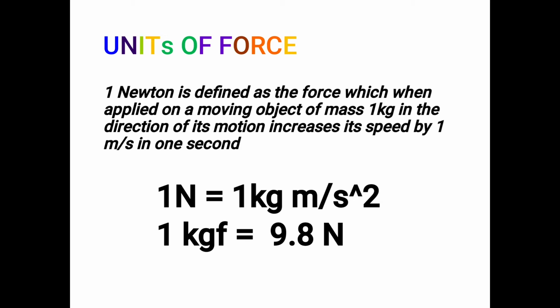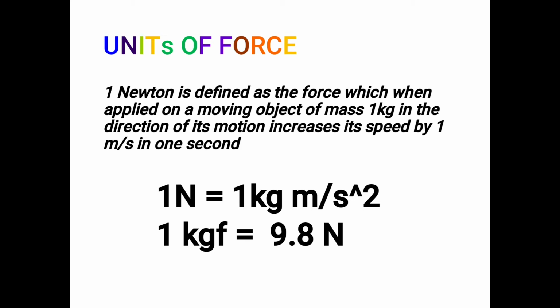Now, let's define what is the value of 1 Newton. So, as we are measuring the force, the amount of force required to bring a 1 meter per second speed on a body of mass 1 kg.